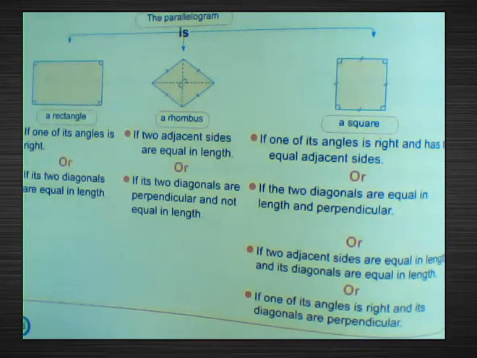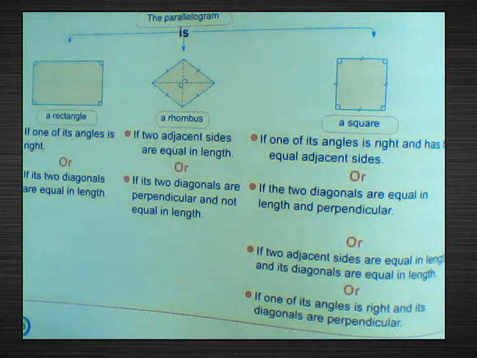The parallelogram is a rectangle if one of its angles is right or if its two diagonals are equal in length. The parallelogram is a rhombus if two adjacent sides are equal in length or if its two diagonals are perpendicular and not equal in length.